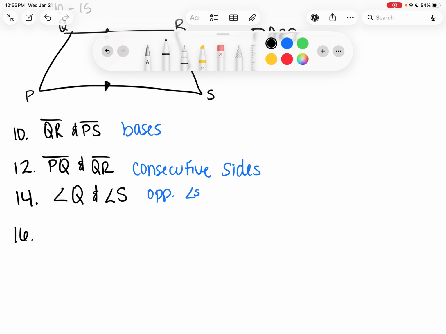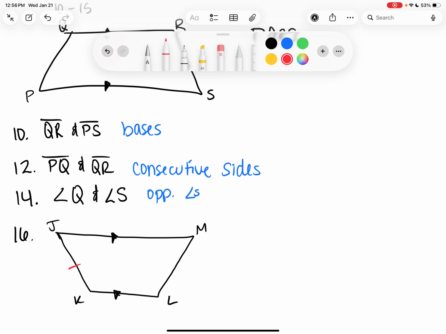16, find the angle measures of JKLM. So these are marked, so JK and ML are listed to be congruent.